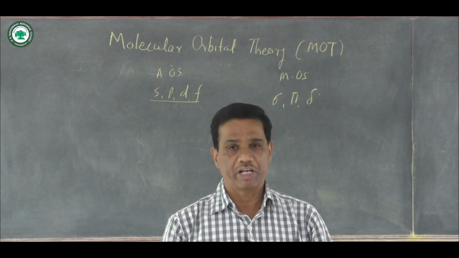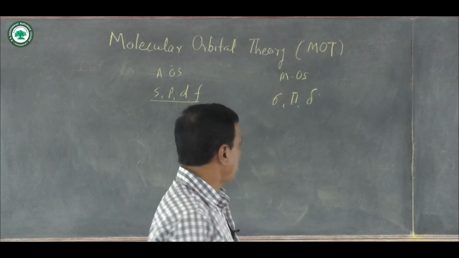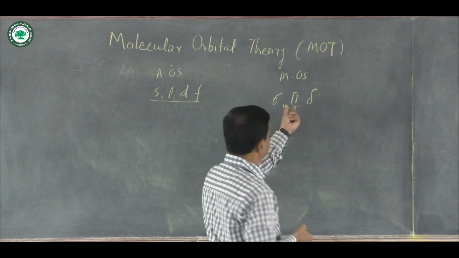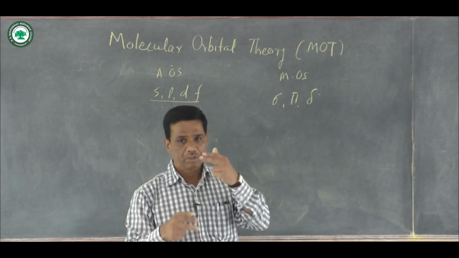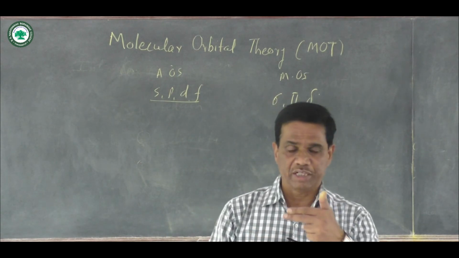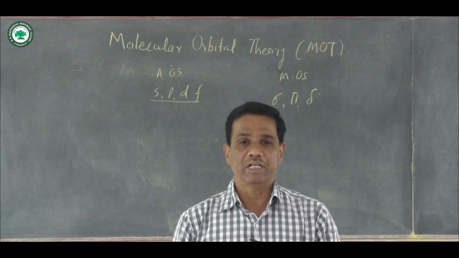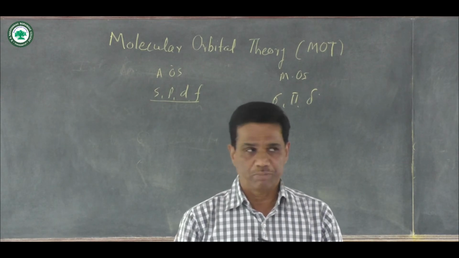Sigma is along the axis, overlapping is linear, whereas when pi bonding occurs, pi bond formation is perpendicular to the axis, and 2 lobes are there, one above the axis and second below the axis, and that's why pi bond is a weaker bond.